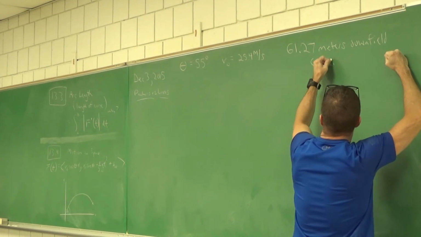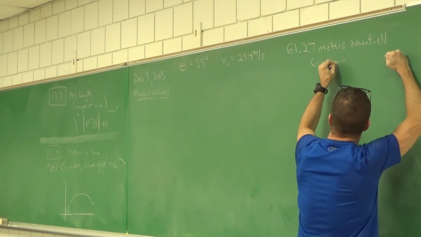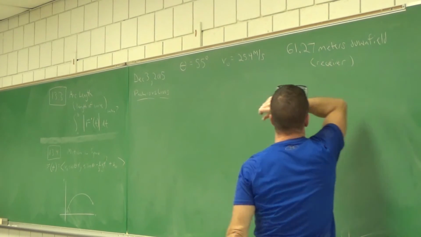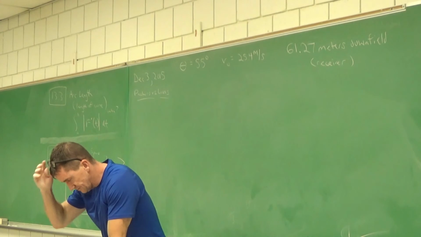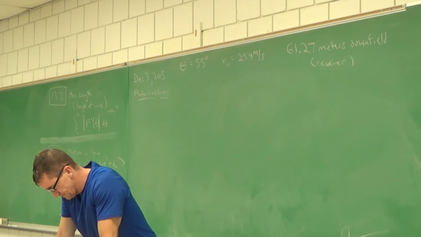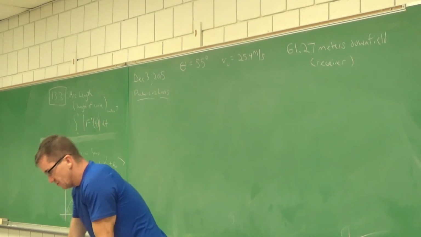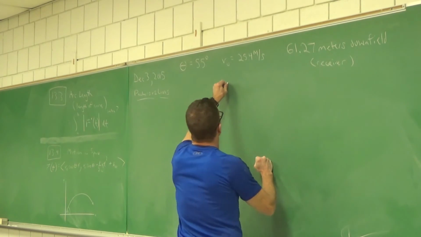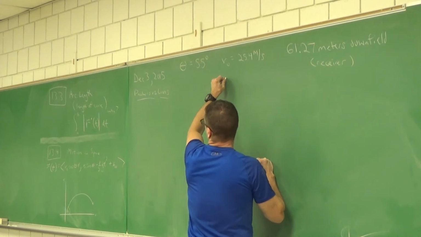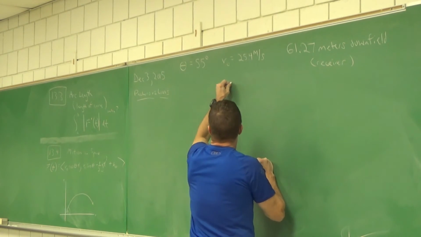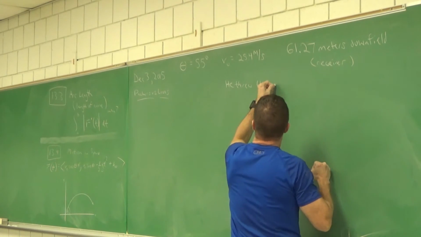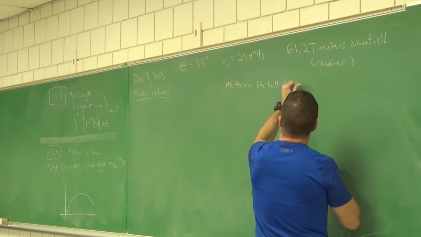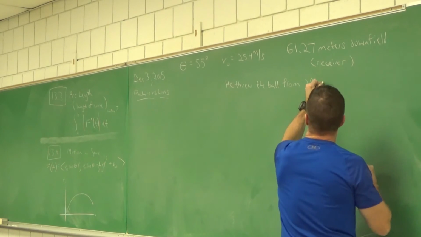There was a receiver standing 61.27 meters downfield from Aaron Rodgers. And he threw the ball from 2 meters in the air. So what's the initial height? 2. So when he threw the ball, from 2 meters, just in height.